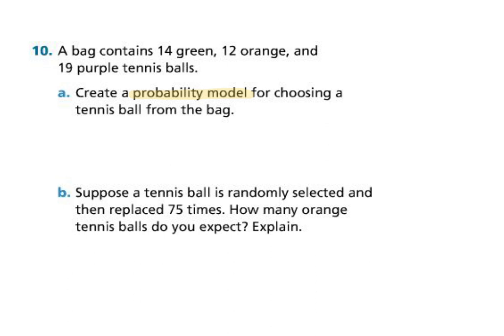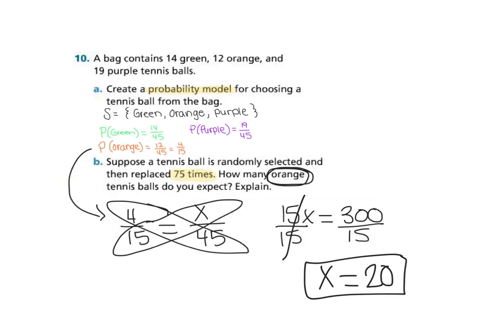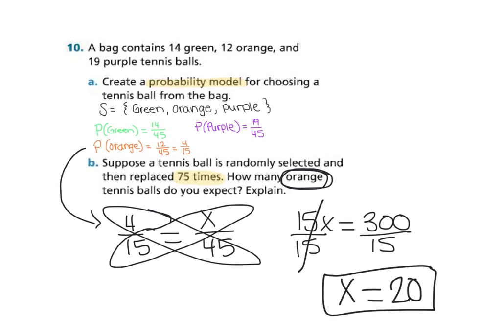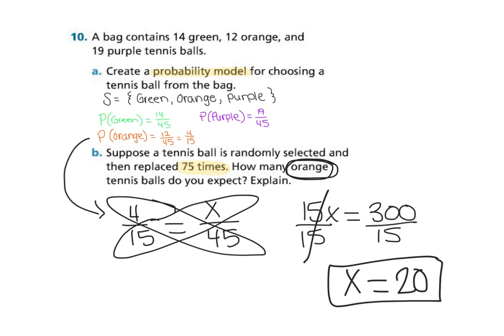I want you guys to pause this screen. I want you to try A, and I want you to try B. Now remember, you're doing something more than once on part B, okay? So make sure you understand you'll need 2 fractions. Pause the screen, give it a try. All right, let's see how you did. Hopefully some of you got this right.